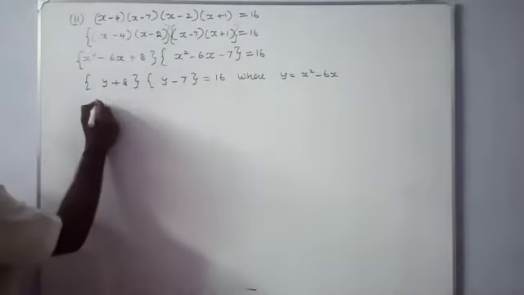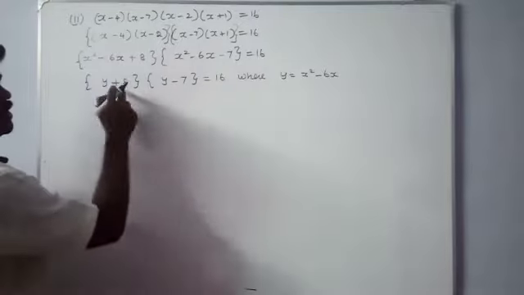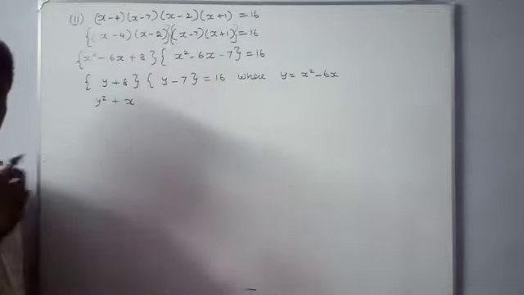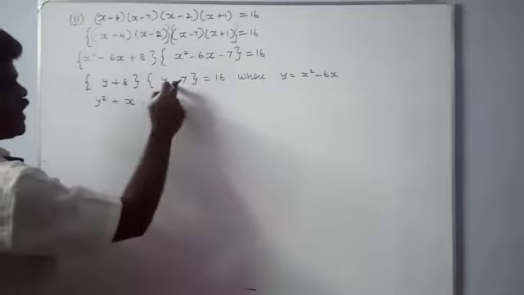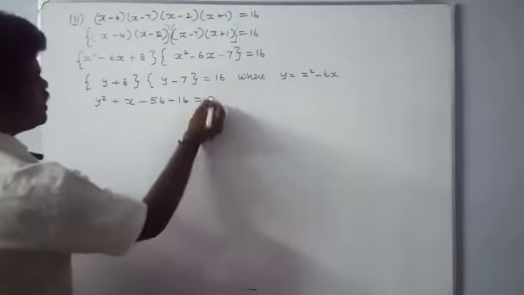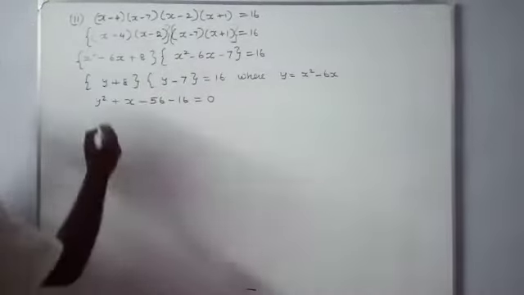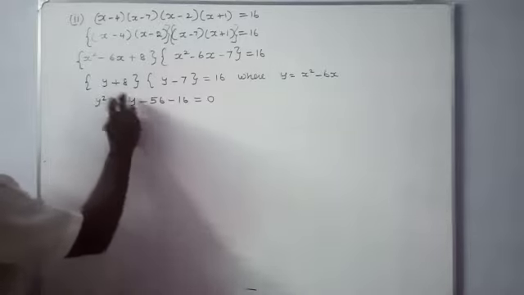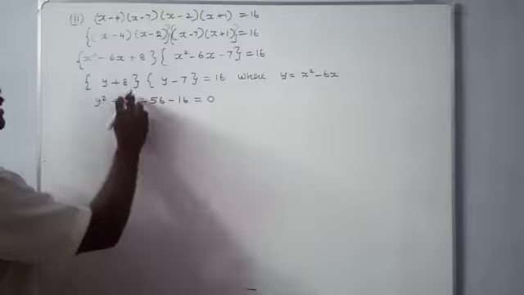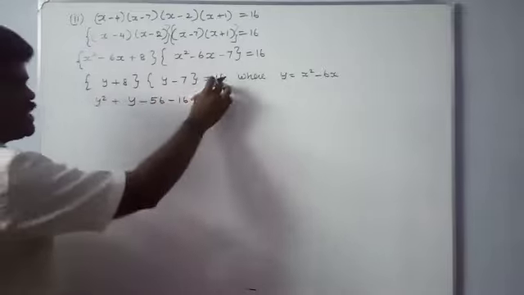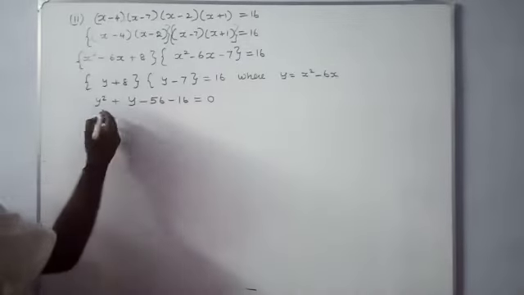So we can write y². What is the sum of the roots? 8 minus 7, 1, so plus y. And the product of the roots is −56. Here −16 is equal to 0.